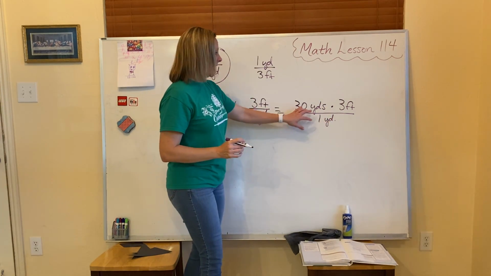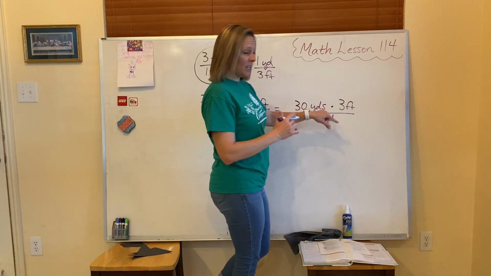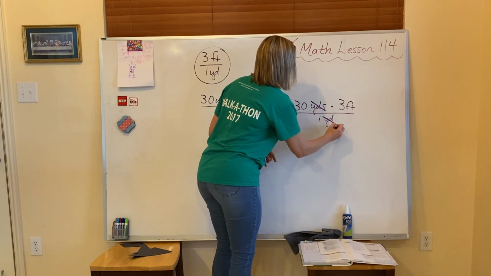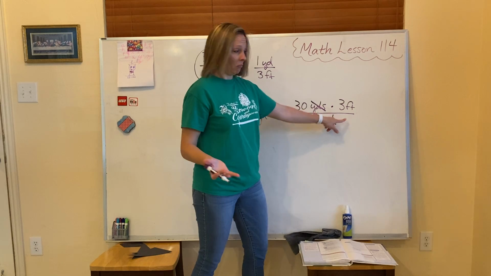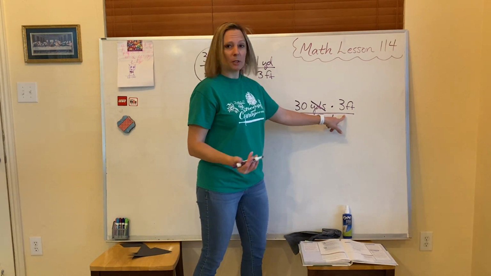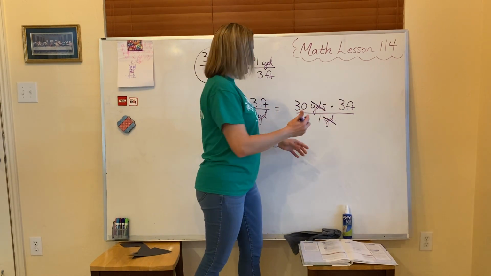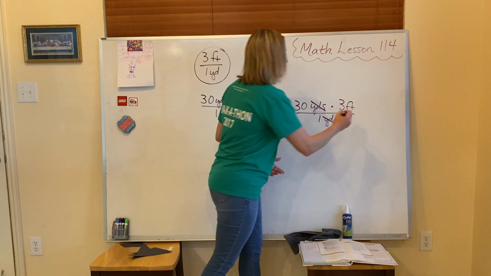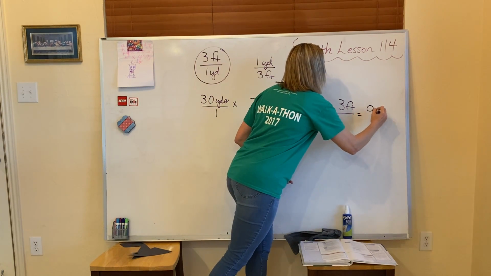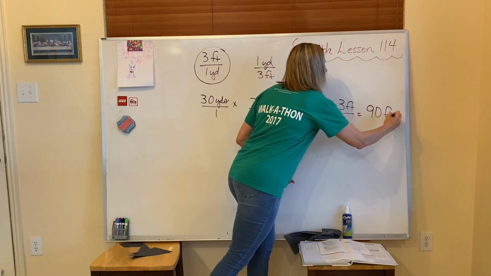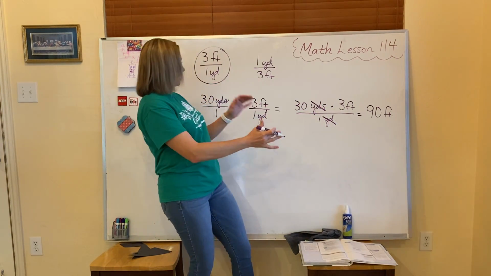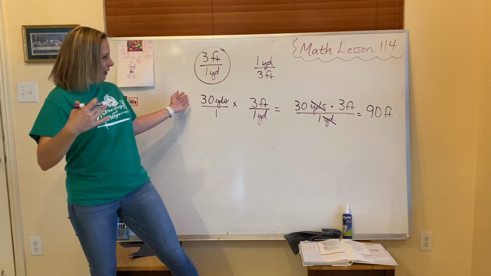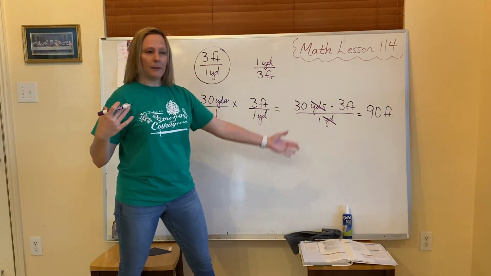This allows us to cancel out the yard unit, okay? And now we can multiply and determine feet. So 30 times 3 feet is 90 feet over 1, which is 90 feet. Ta-da! We have used a unit multiplier to convert 30 yards to 90 feet.